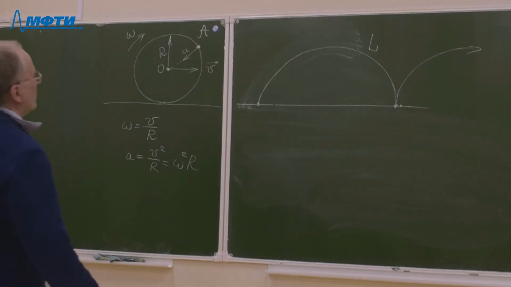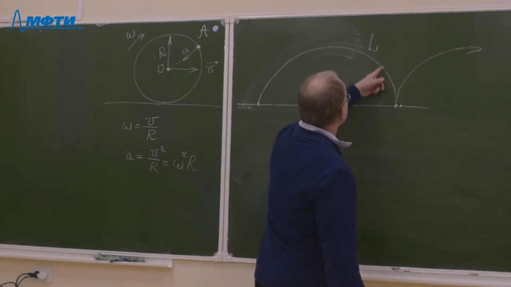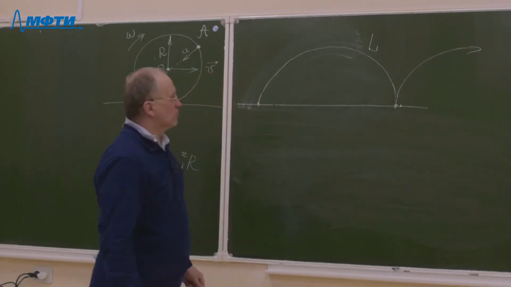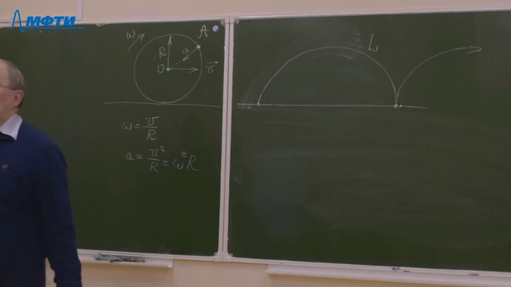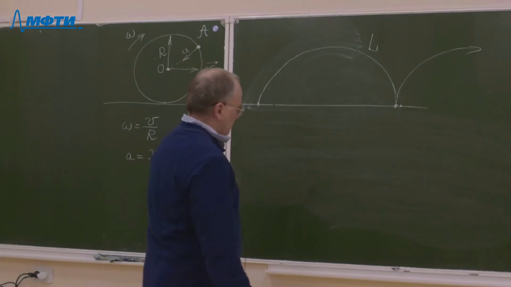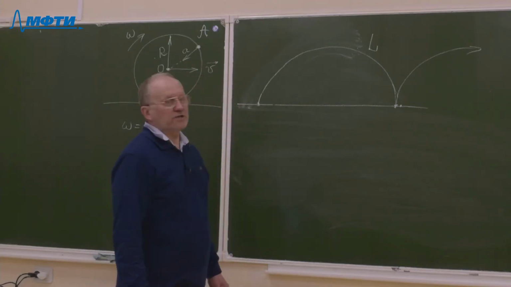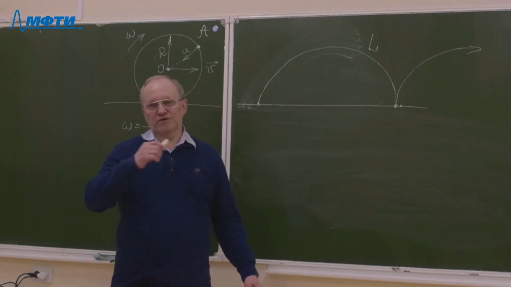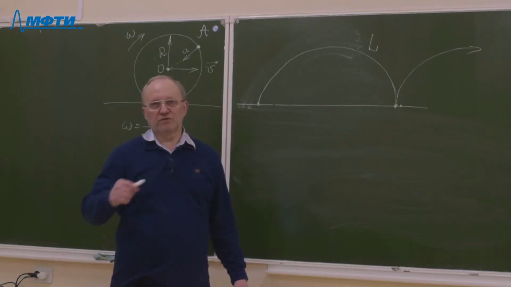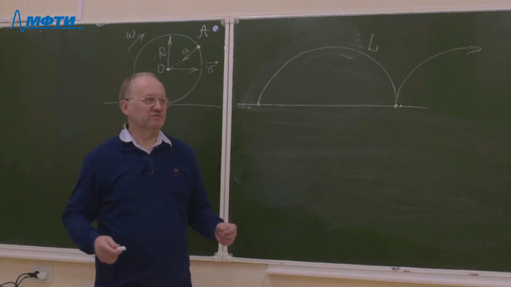Now let's go to the second part of this problem, and let's find the length of this trajectory of point A. In mathematics, there are formulas to calculate the length of any curved trajectory, of any curve. You can find the length using well-known mathematical formulas.